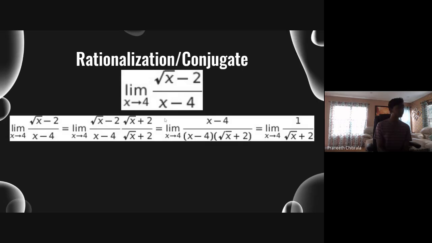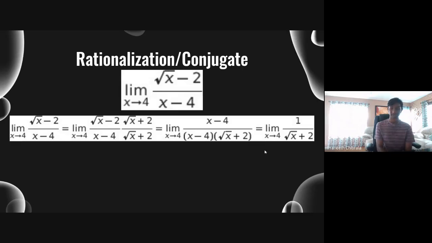Find the conjugate of the numerator and multiply it on both sides. And you can simplify it to get this limit right here. You can cancel out the x minus 4 term on both sides, and you're left with this term right here.